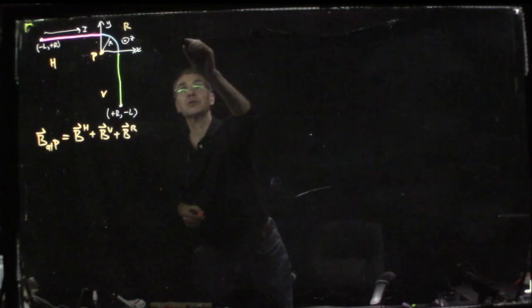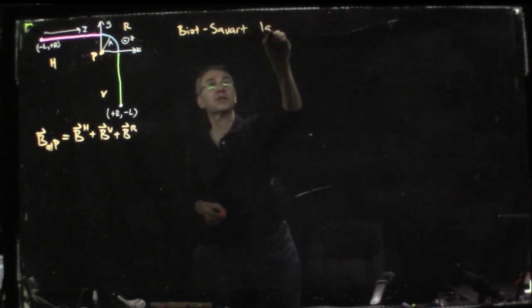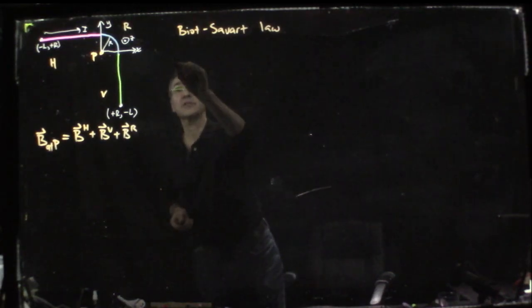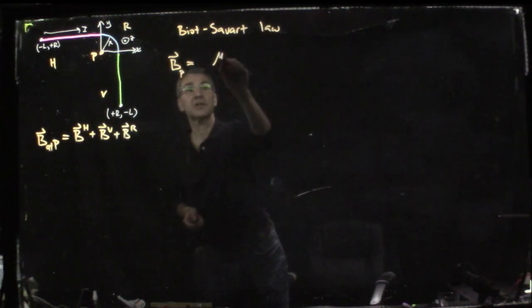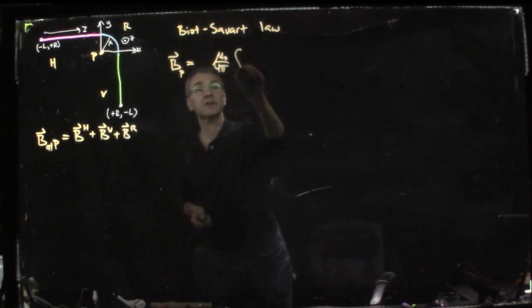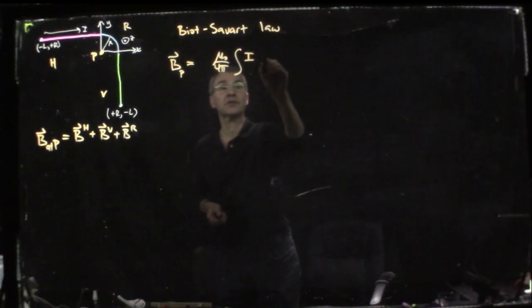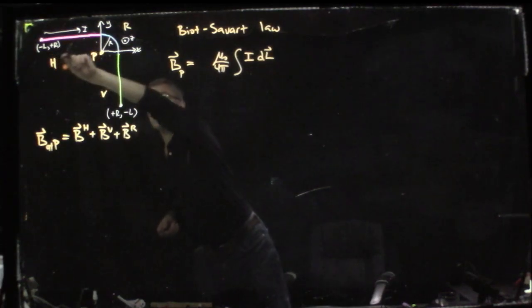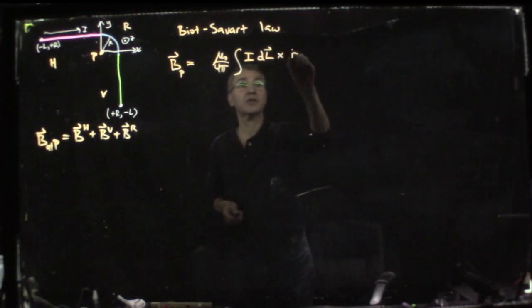So the Biot-Savart law, which I think is one of the most confusing points in the course, says that the magnetic field at some point P is mu naught over 4 pi times the line integral of I, that's the current, dl, that's going to be the direction that we travel along the current, and it has to be in the direction that the current flows, cross product with r hat.